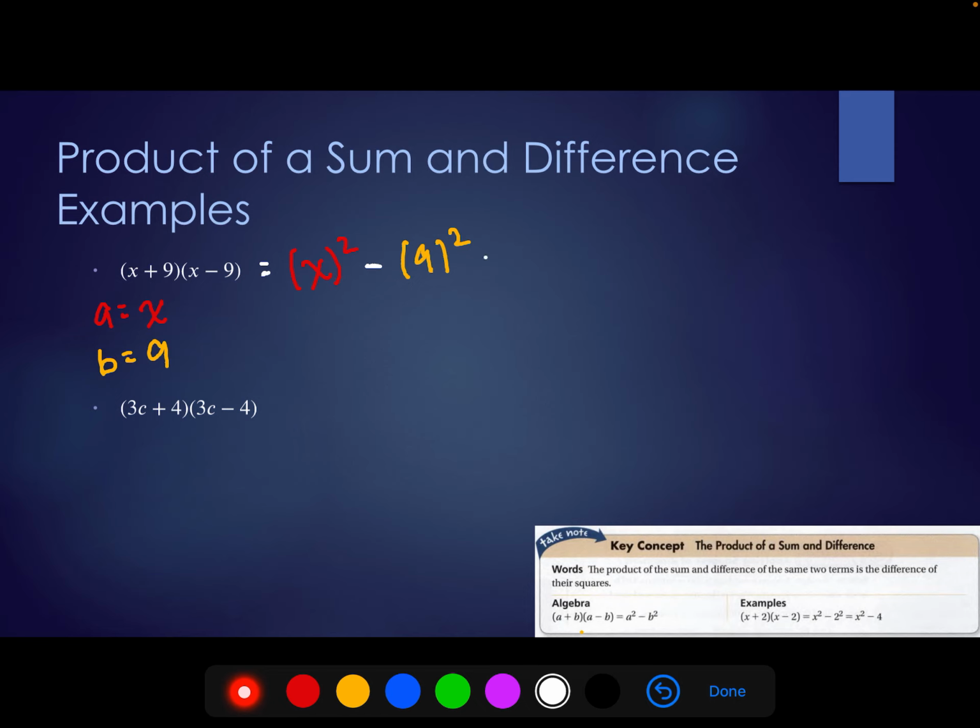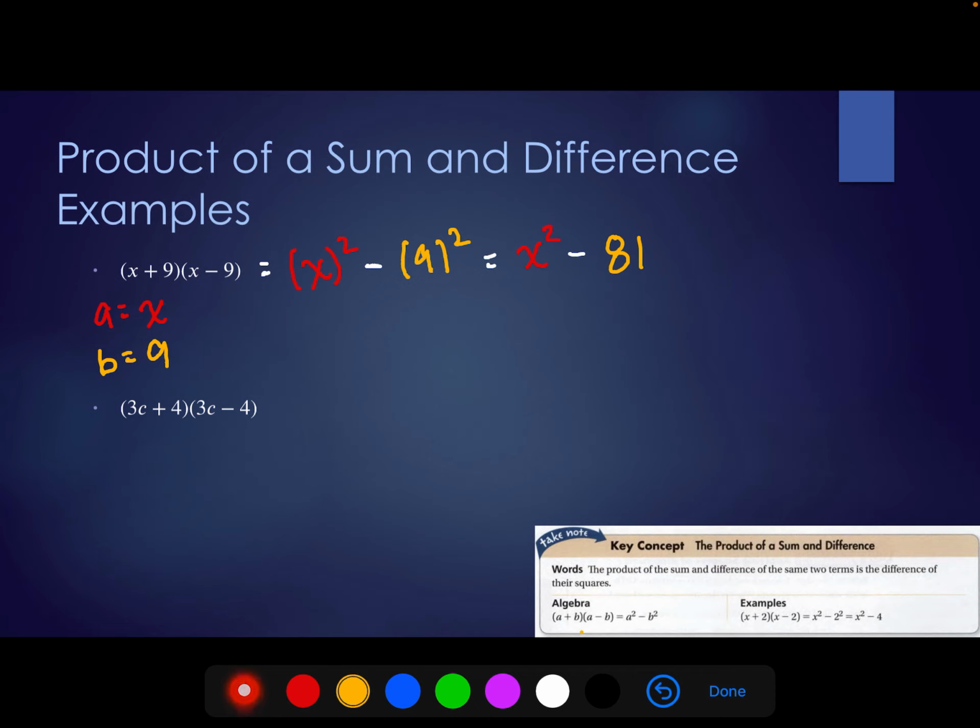We have x raised to the second power, that's just x squared. And then we have minus this 9 squared, which is just 9 times 9, which is 81. And that's it. We found our solution, a squared minus b squared, that's x squared minus 81.